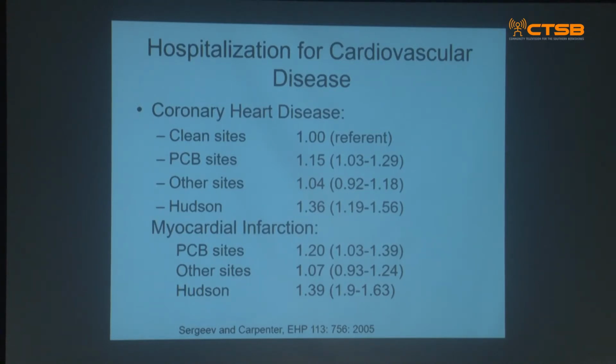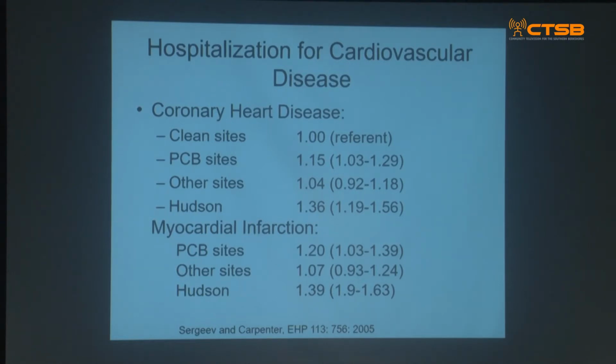Now, when there is an increased hospitalization for coronary artery disease, that number will go up. If there's a decrease, that number will go down. And then the numbers in parentheses are what we call the confidence intervals.